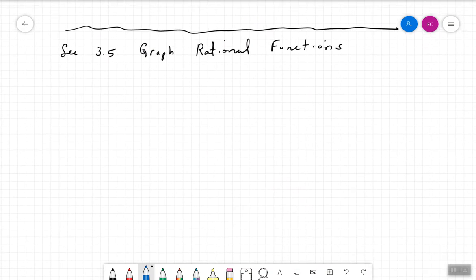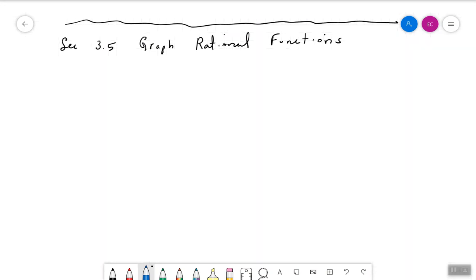Okay, and then we're on to the last section, section 3.5. We try to graph rational functions. So remember, a rational function is a ratio of two polynomials.